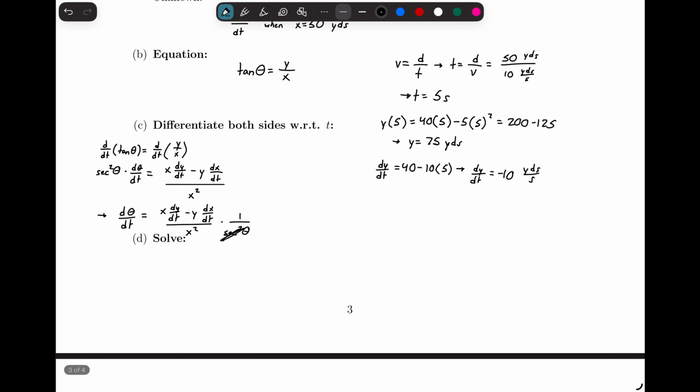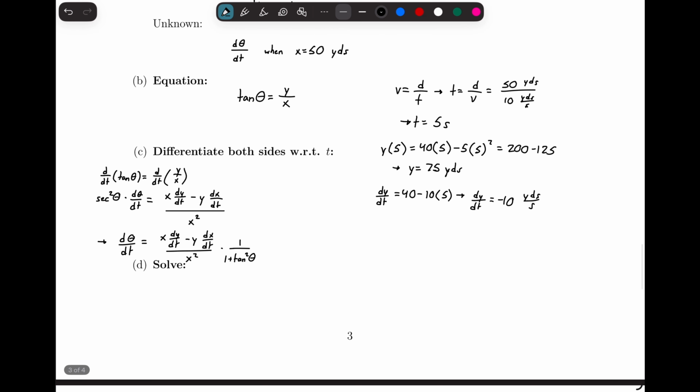So instead of having secant squared theta, I'm going to replace that with 1 plus tangent squared theta. And the reason I'm doing that is because here we have tangent theta. We now know this, with it being y over x, this will be equal to 75 over 50, which is just 3/2.